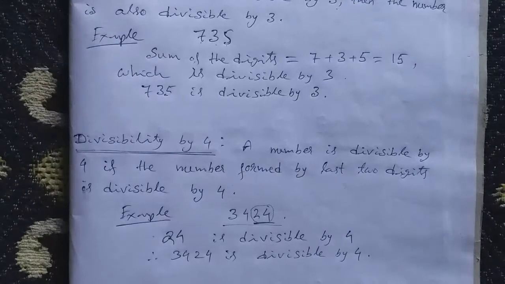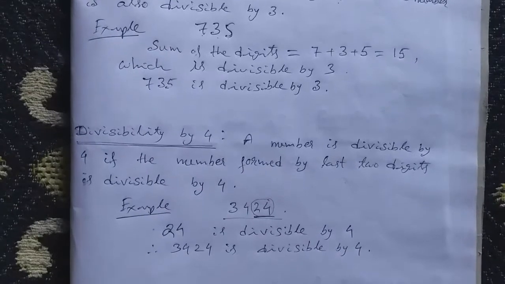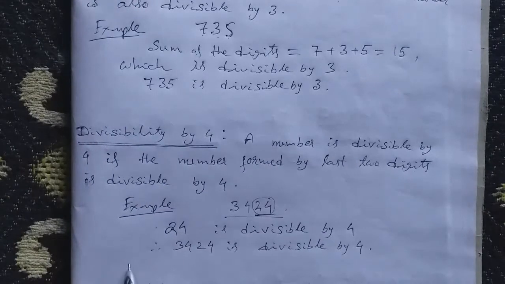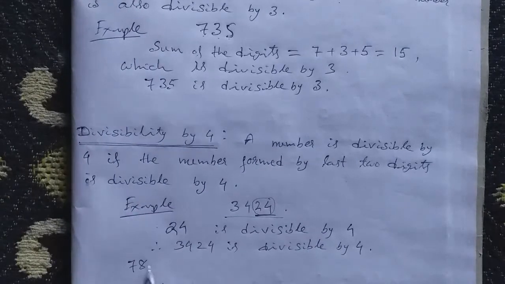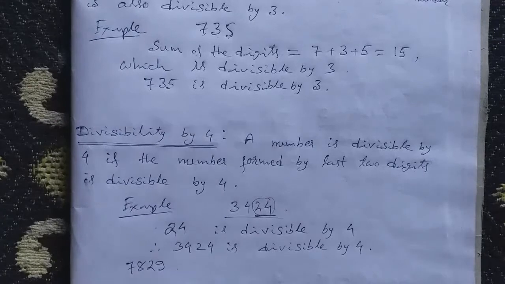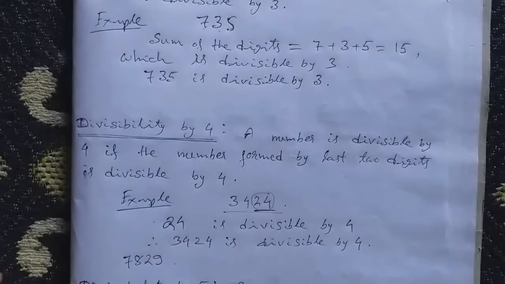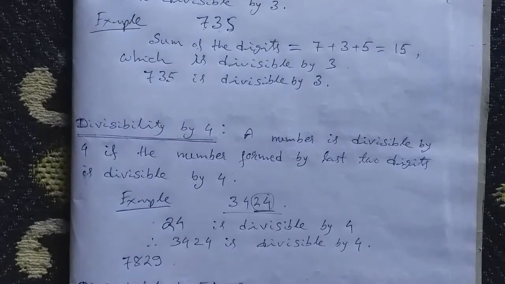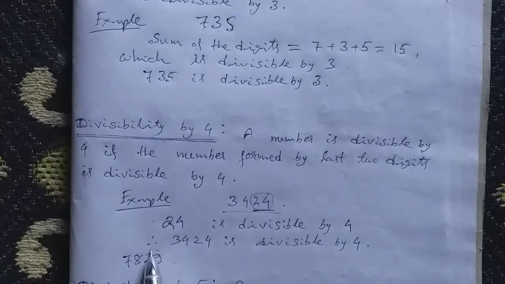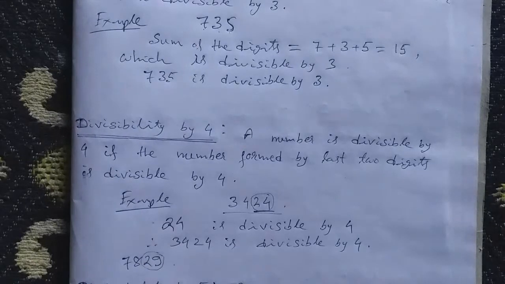Now suppose the number is 7829. Is it divisible by 4? To test, take the last two digits from the number, 29, which is not divisible by 4, because 29 does not come in the table of 4.